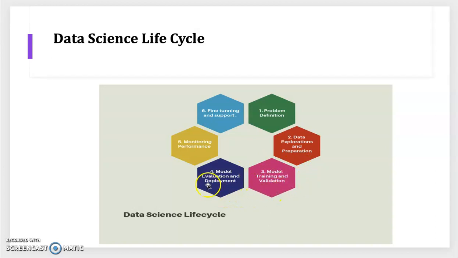The model will continue to be evaluated and deployed. If we see anything wrong, of course, we need to come back to modify our model and continue to train and validate. So steps 3 and 4 may repeat. Then we continue monitoring the performance. At the end, we will do the fine tuning and the support.